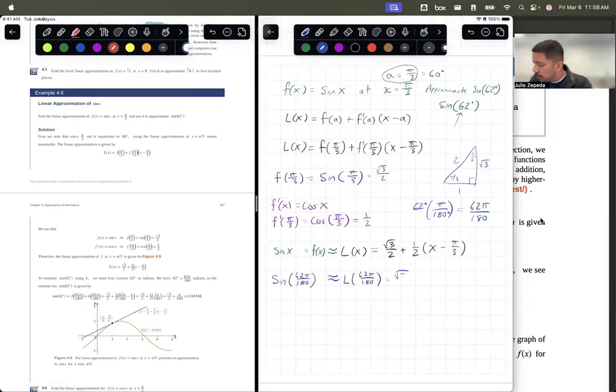which is root 3 over 2 times 1/2, plus 1/2 times, let me plug in my angle here, 62 pi over 180, minus, let's go ahead and get a common denominator here. We'll multiply by 60 to get a denominator of 180. So this is going to be 60 pi over 180.